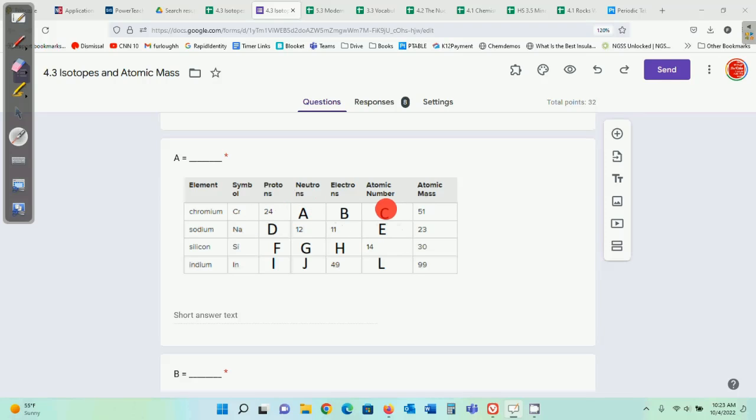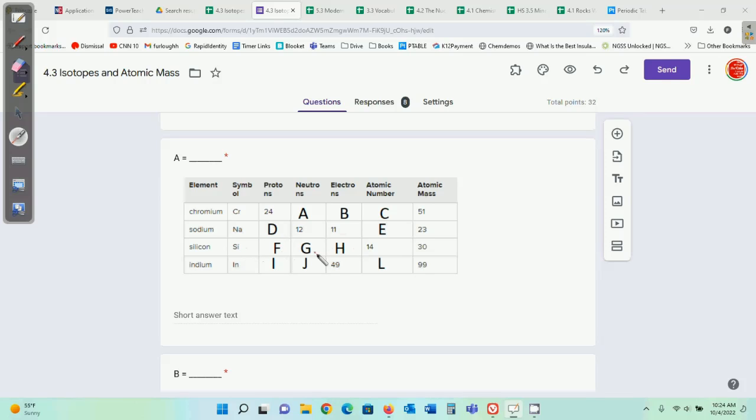To get the atomic number, we just look at the protons. If the protons is 24, the atomic number is 24. Okay? So with just the mass and the protons, you can figure out the other 3. If you have the atomic number and the mass, you can figure out the other 3, because the atomic number is the same as the protons. And since this is a neutral atom, protons and electrons are the same.